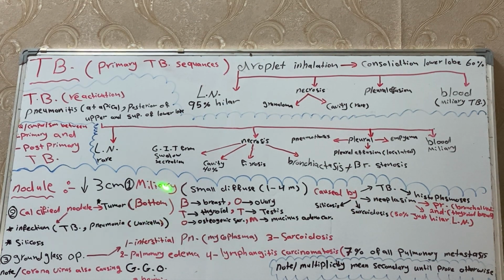So miliary nodule is caused by TB, which is the commonest, histoplasmosis, neoplasm, silicosis, sarcoidosis.